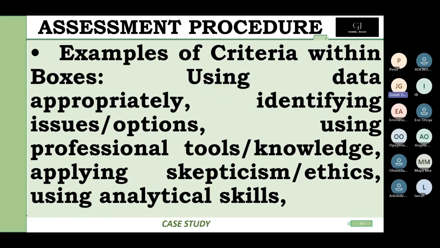So those are 6 boxes. Number 1, data and information. Number 2, professional tools. Number 3, analytical skills. Number 4, issues and options. Number 5, ethical issues. And number 6, evaluative skills and judgment. Those are the principal 6 boxes you need to speak to in the case study paper.